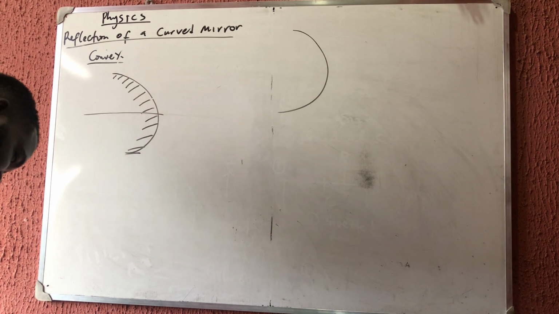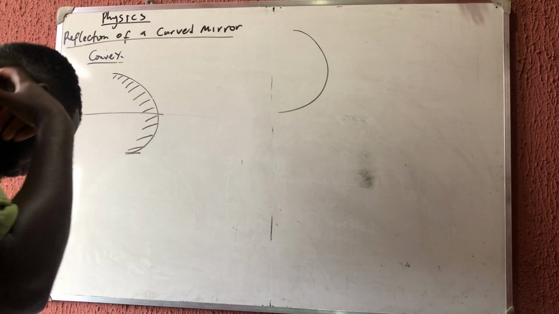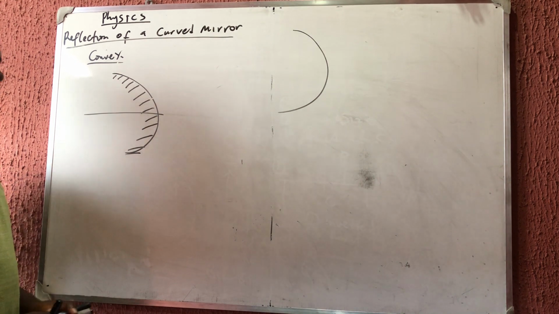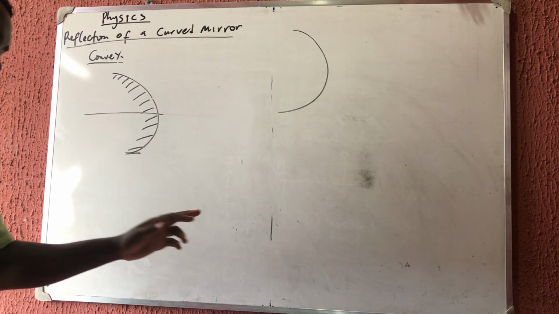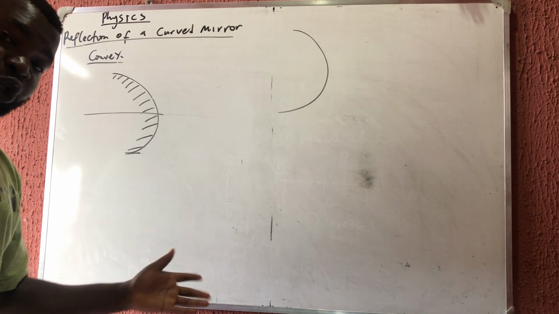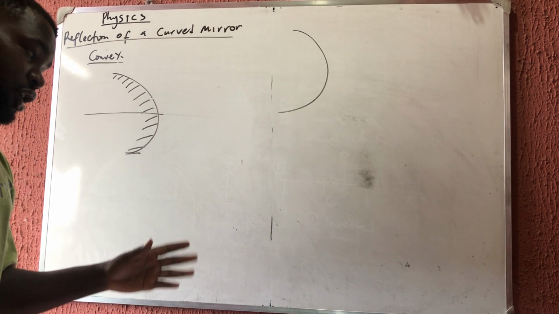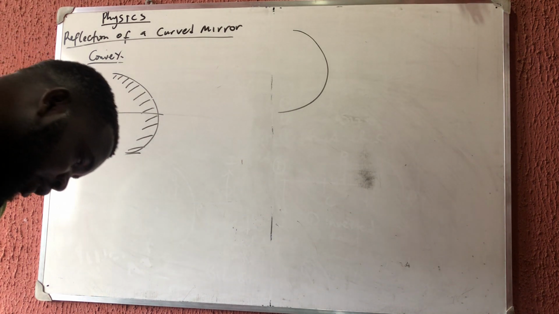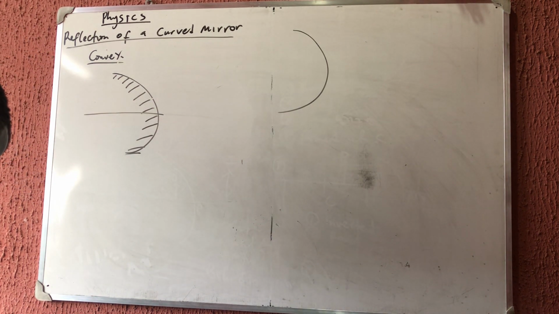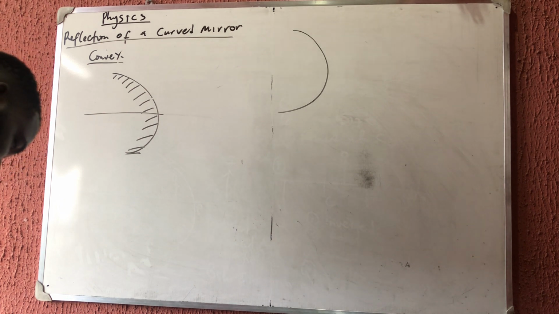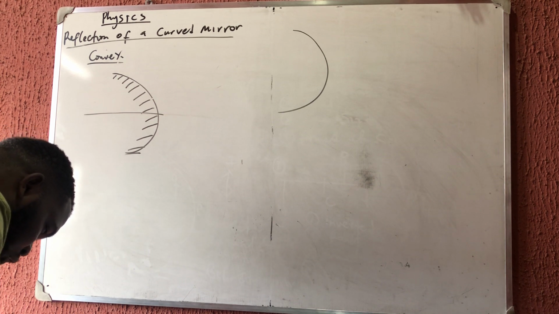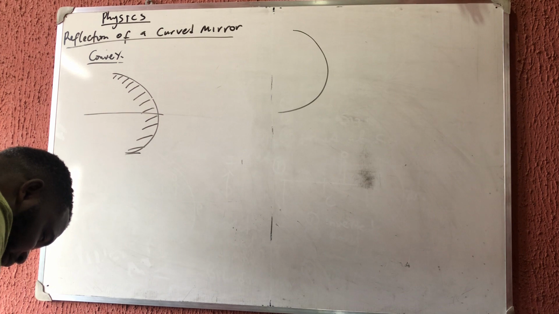Then let's talk about the image formed for a convex. The image formed for a convex, no matter where you place the object, number one, it is not real. Rather, it is virtual. If it is virtual, it is not inverted. It is upright. You should know that for a convex mirror, at whatever position the object is placed, the image formed is always upright and diminished.